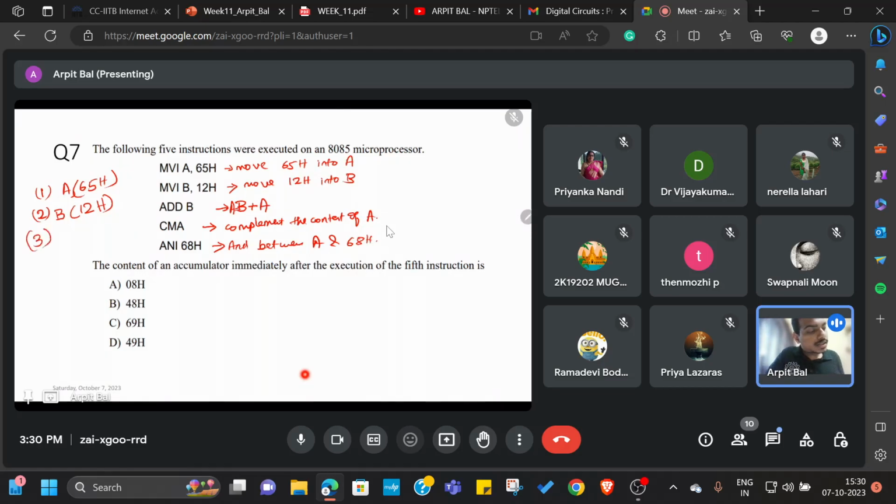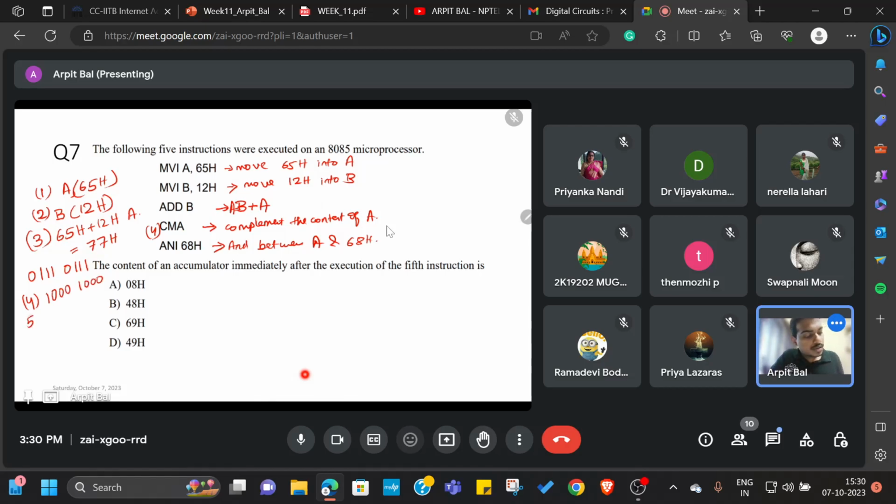After the third instruction, we will have 65H plus 12H in the accumulator, that is equal to 77H. Let me write it in binary. Now in the fourth instruction, the content of A is going to be complemented, so it will be 1 0 0 0 1 0 0 0.